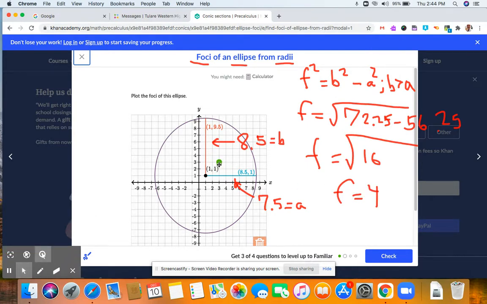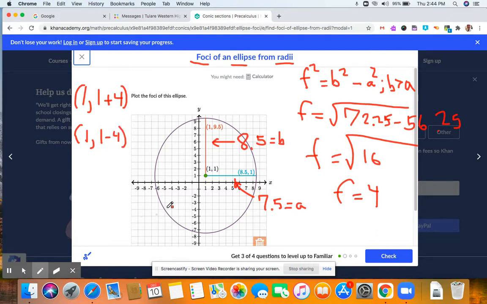So usually it's click on it to move it. Oh, there we go. So we're going 4 units from 1, 1 along the major axis. In this case, I like writing down the formula. That's going to be 1 comma 1 plus 4, since the vertical part is the major axis, and 1 comma 1 minus 4. All right, but we can just count it out 4 units, but I just wanted to show you that.